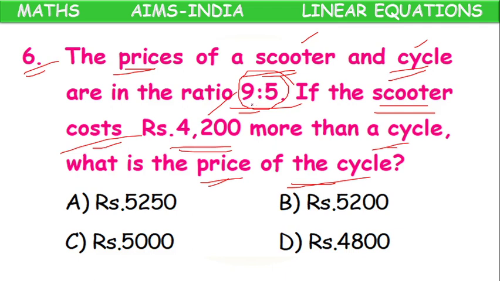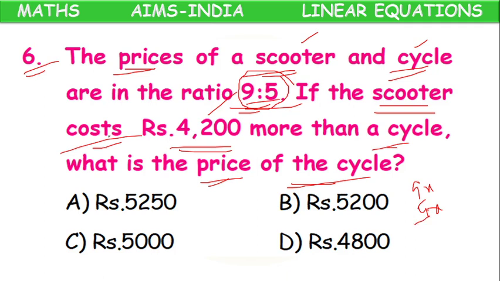Means let us assume, because they are in the ratio 9:5, the price of scooter is 9x and price of cycle is 5x. 9x minus 5x.